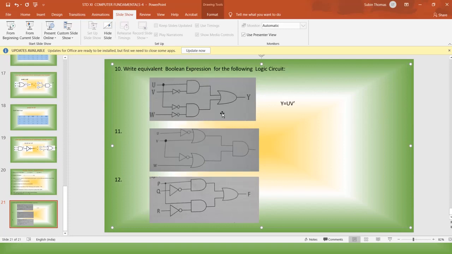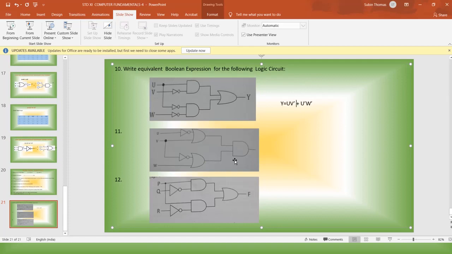The next output is U complement W complement, the output you are getting in the other AND gate. These two outputs are given to an OR gate, and the OR gate performs the plus operation. So the Boolean expression of the given logic circuit is U V complement plus U complement W complement.